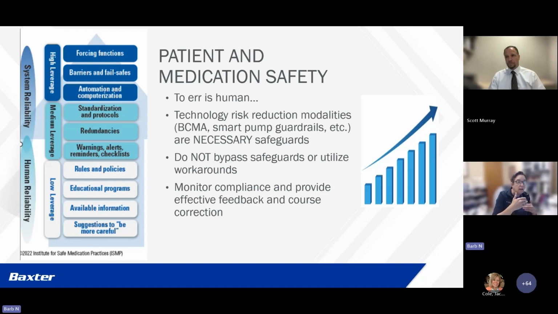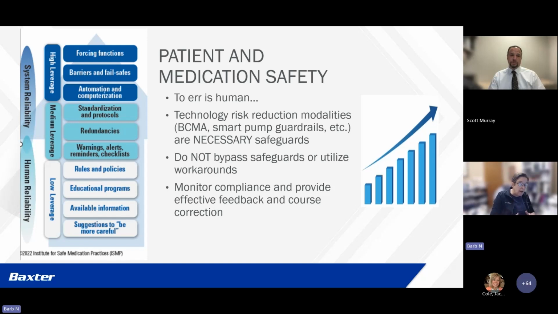We have to then do more high leverage interventions, especially on higher risk issues, so that we automate it and create fail safes, things like barcode medication administration and smart pump guardrails. Why is there a hard stop on this drug at this level? Making sure that we're not making those decimal point errors. Those guidelines are very important.